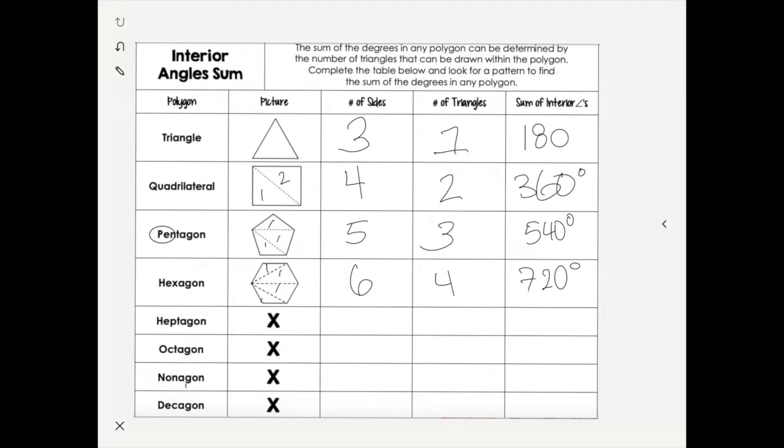Now for a heptagon, octagon, nonagon, there is no picture here, but that's a 7-sided figure, 8-sided figure, a 9-sided figure, and a 10-sided figure. So if you can see this pattern here, 1, 2, 3, 4, this is obviously going to have 5 triangles, 6 triangles, 7 triangles, 8 triangles. So if you do 180 times the number of triangles, you're going to get the sum of the interior angles of that figure.